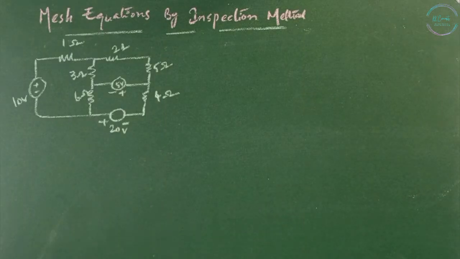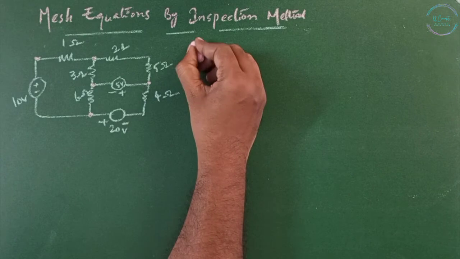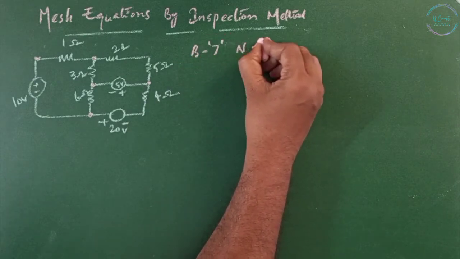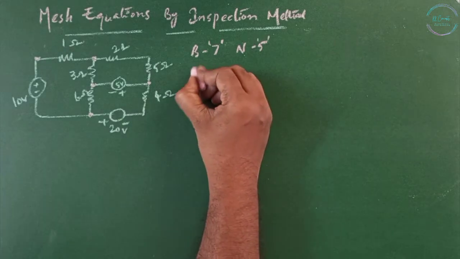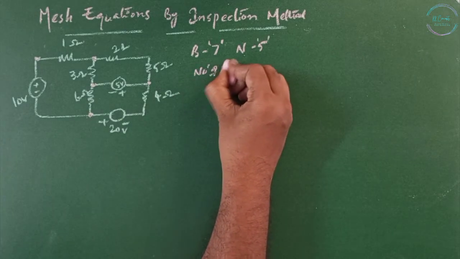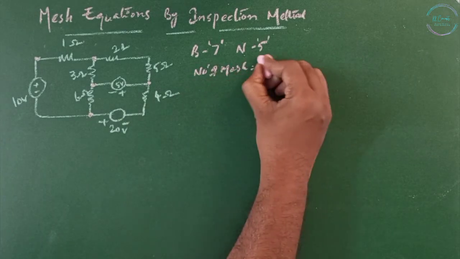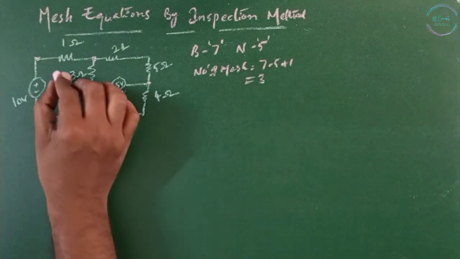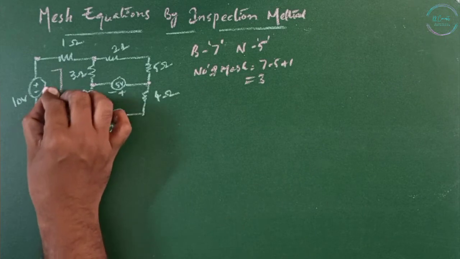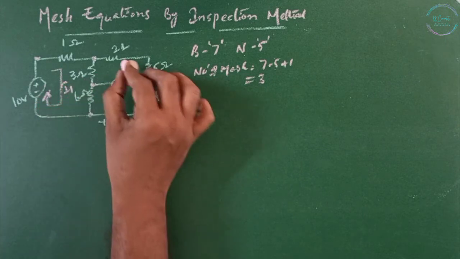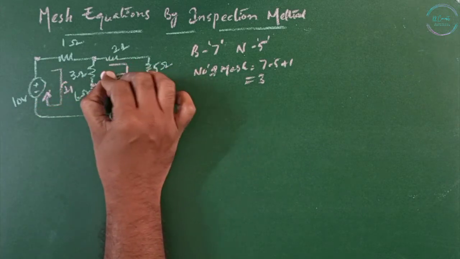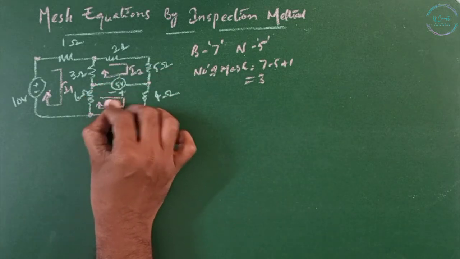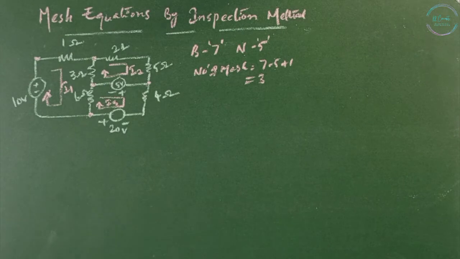Consider this network. We have a total of 7 branches and 5 nodes. Number of meshes is 7 minus 5 plus 1, that is 3. Or simply by inspection we can say that this is mesh 1 having the current I1, this is mesh 2 having the loop current I2, and this is mesh 3 having the current I3.